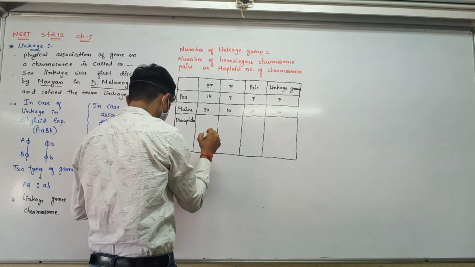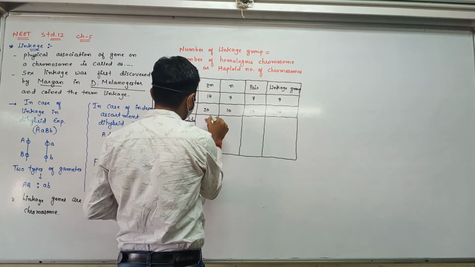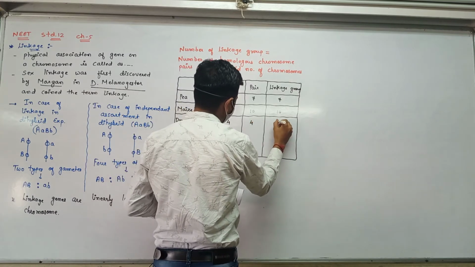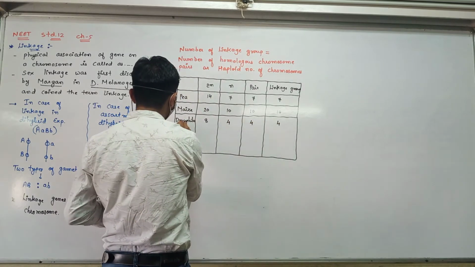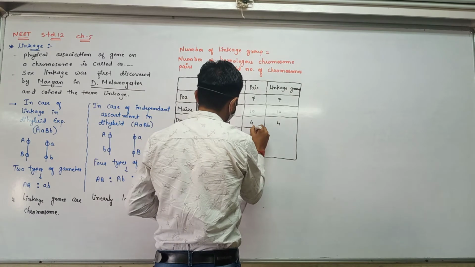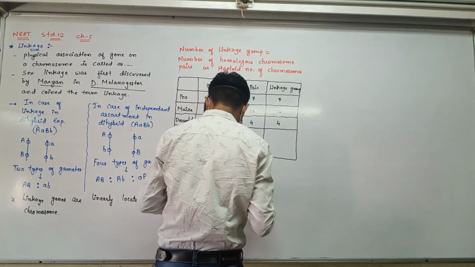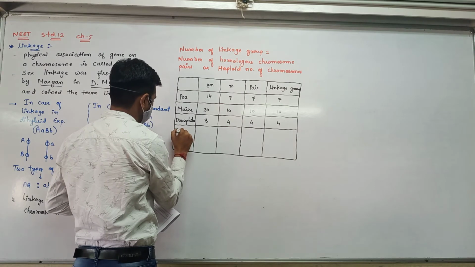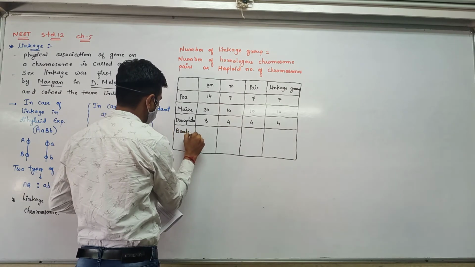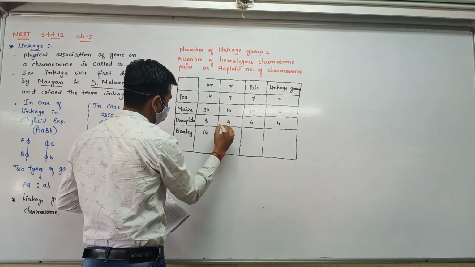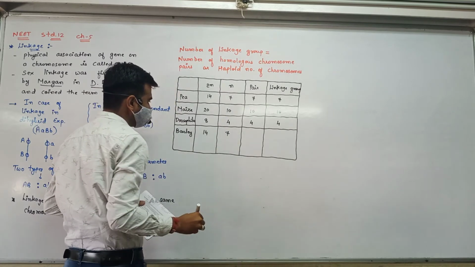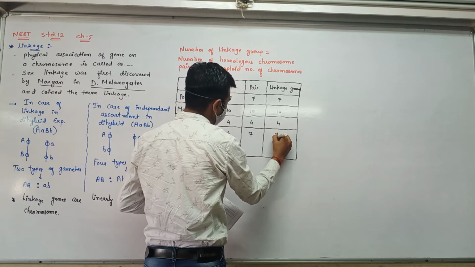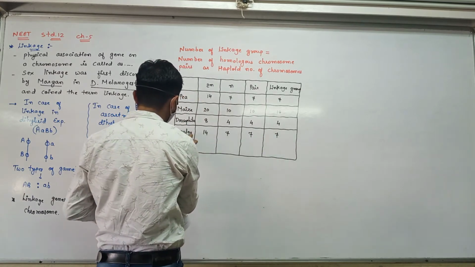Drosophila, 8 chromosomes are there, 4 in haploid, 4 in pair, and linkage groups are 4. Barley, 14 chromosomes diploid, haploid 7, pair 7, and linkage group is also 7.